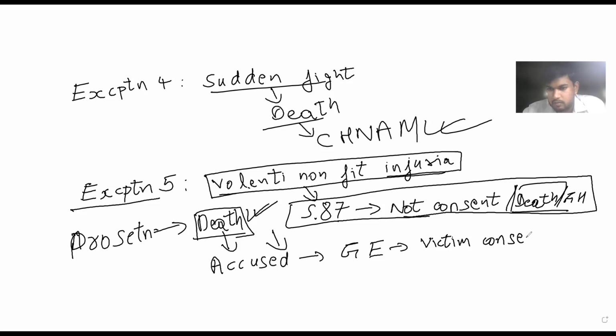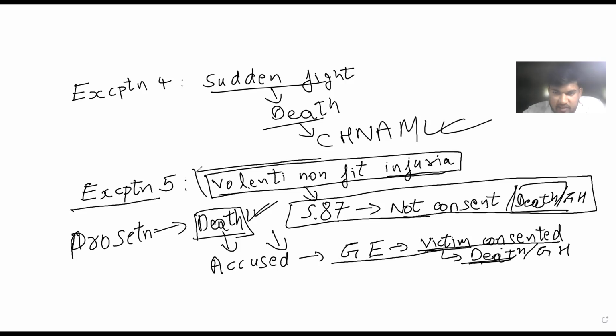But since section 87 mentions that no one can consent to suffer death or grievous hurt, this is also mentioned here in exception number 5.